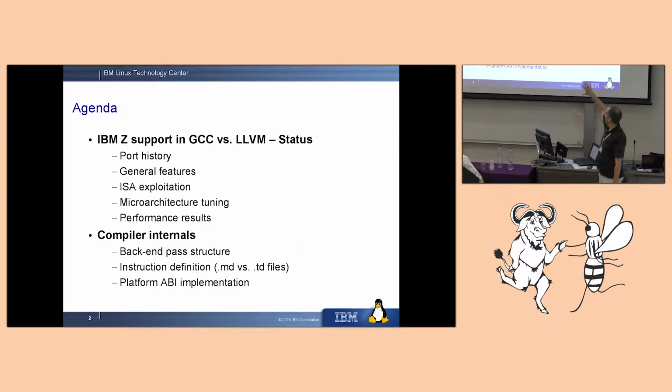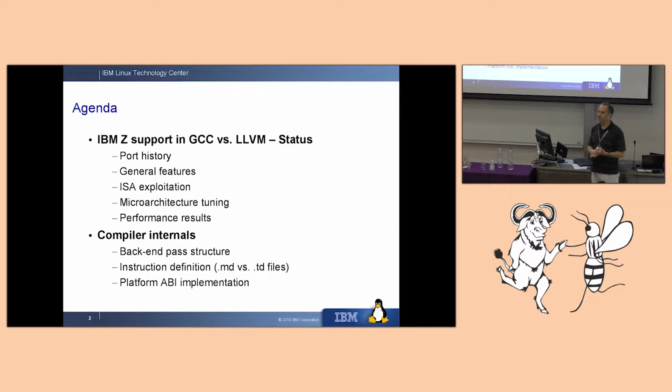All of that is looking from the outside, and the second part is looking a little bit from the inside. As a developer of a backend in GCC and LLVM, how does it feel to work with these two software systems, if you will?